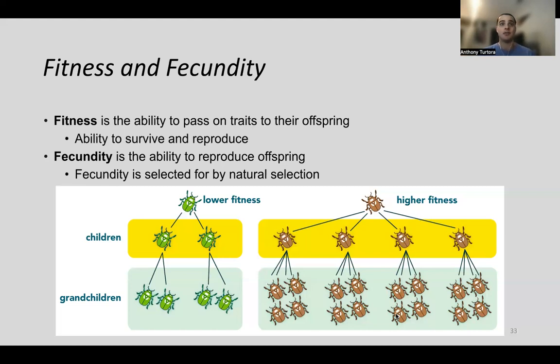And they might have the same chance of survival, but the brown fur individuals are going to have a higher fecundity if they just produce more offspring. So over many generations, you will have more individuals with this brown fur because there will just be an increased amount in the population, and therefore the allele frequency is going to be changed and tend more towards the individuals with brown fur.